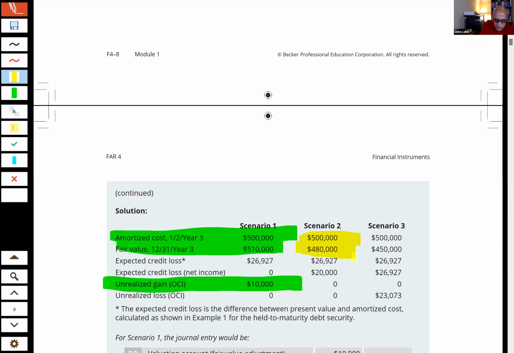And if they sell it, they would take a credit loss, but they would take that credit loss of 20,000 and they would be capped there, because they're saying, well, if they wanted to, they could sell it at a $20,000 loss, and that would be a loss for OCI, but you have to at least take what the amount of the credit loss would have been if it had a fair value that was below the 480, like we're seeing with the next one. And when you look at the next one, okay, we have what? We have a total loss of 50,000.